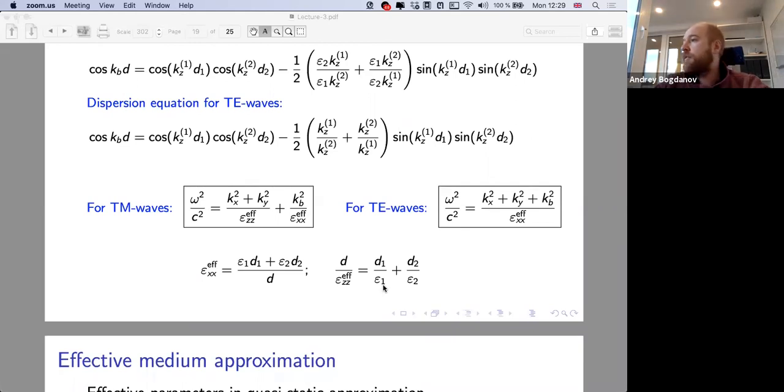For natural materials, anisotropy is very, very weak. It's extremely weak, so usually it's difficult to observe anisotropy.